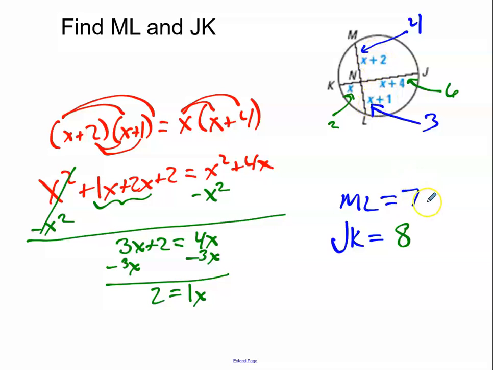Okay, the whole thing is 7, but it's split into two parts that multiply together to give you 12. This one is split into two parts, 2 and 6, which creates a whole length of 8. But when you take the product of them, 2 times 6, you get 12 also. So it's the products of the two parts that's the same, not the lengths of the segments in general.